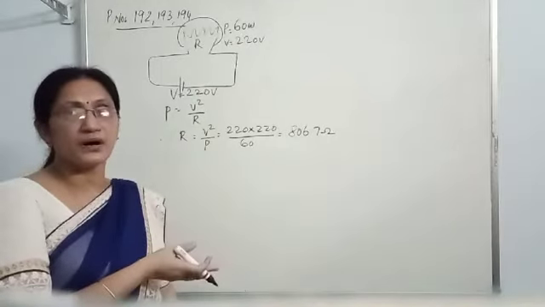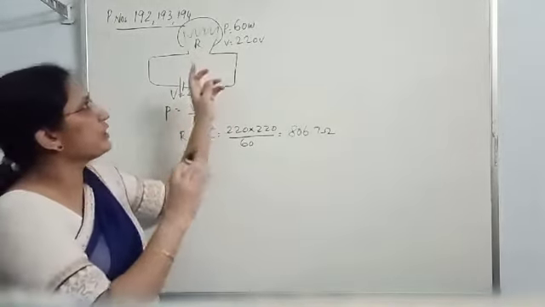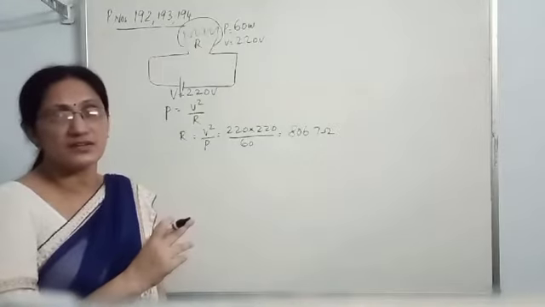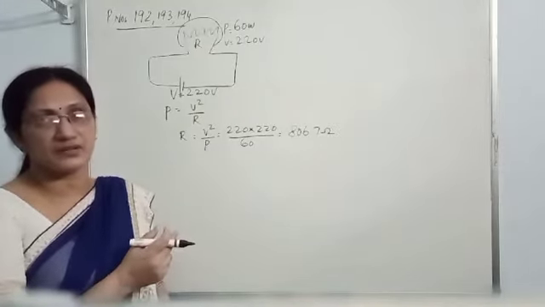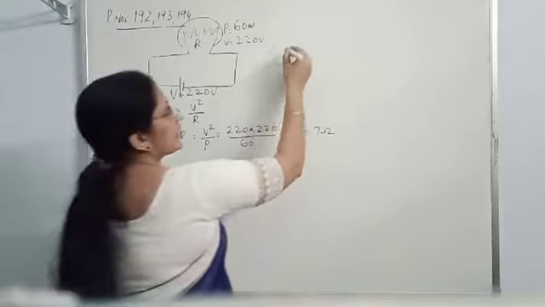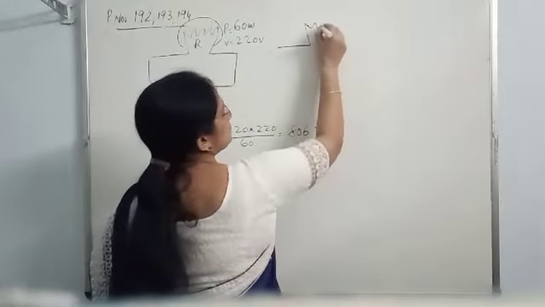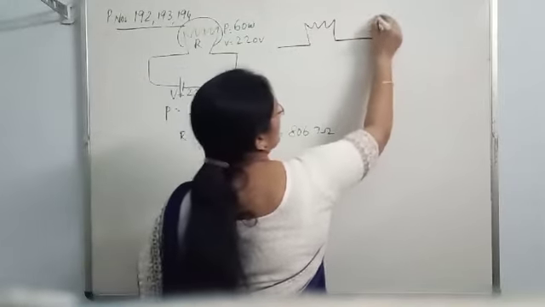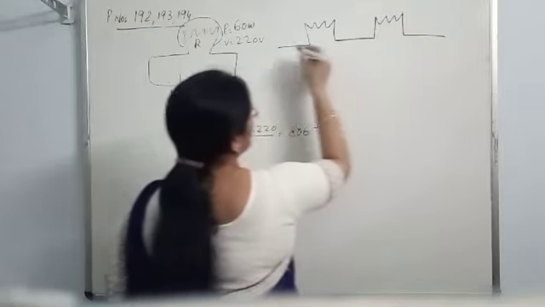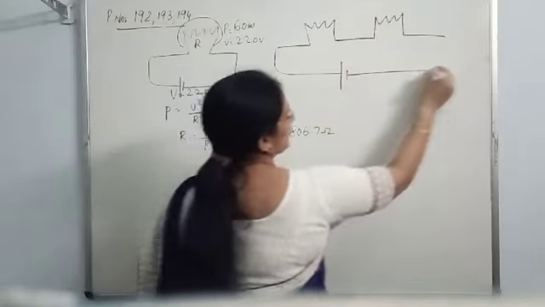Now in the second part it is asked, if you join one more bulb in series, what will happen to its brightness? The diagram goes like this. This is the first bulb and one more we are adding to the same supply of 220 volt.